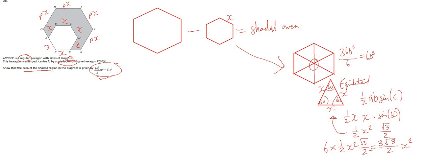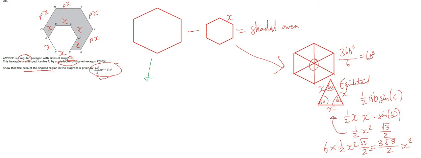Okay? It's written in a slightly different order, but it's the same thing, right? So 6 times 1/2 is 3. There's my 3. x squared is still here. Square root of 3 over 2, that's still there. Now this 3 root 3 over 2 matches, and the x squared matches with what I want. So that's my small hexagon.